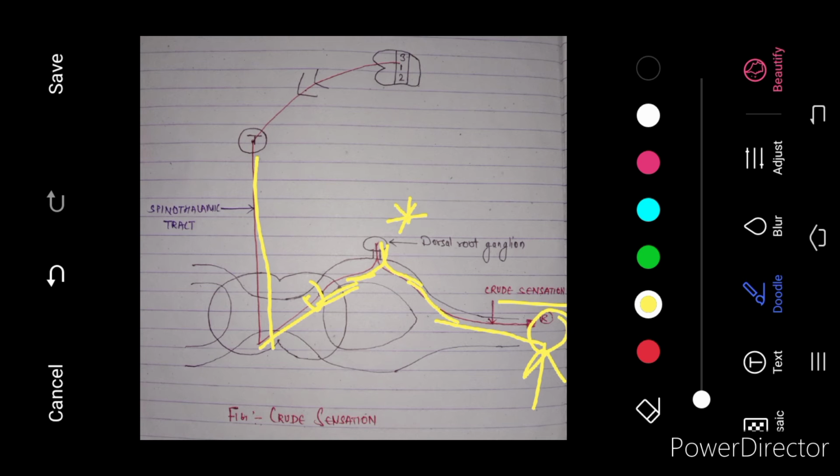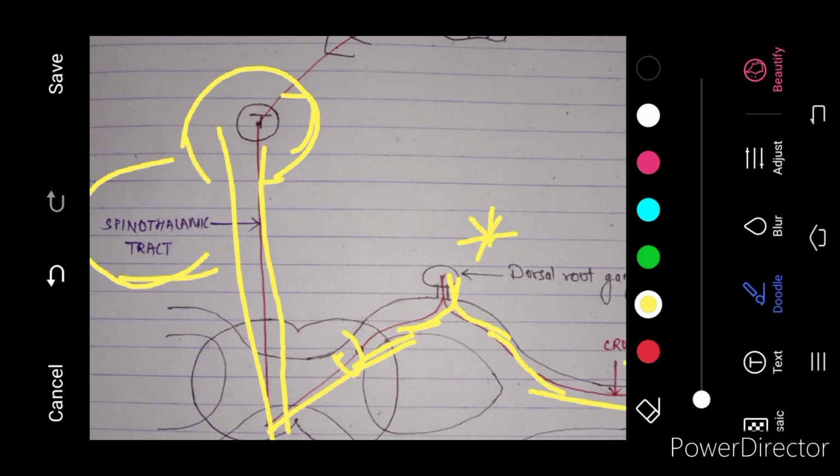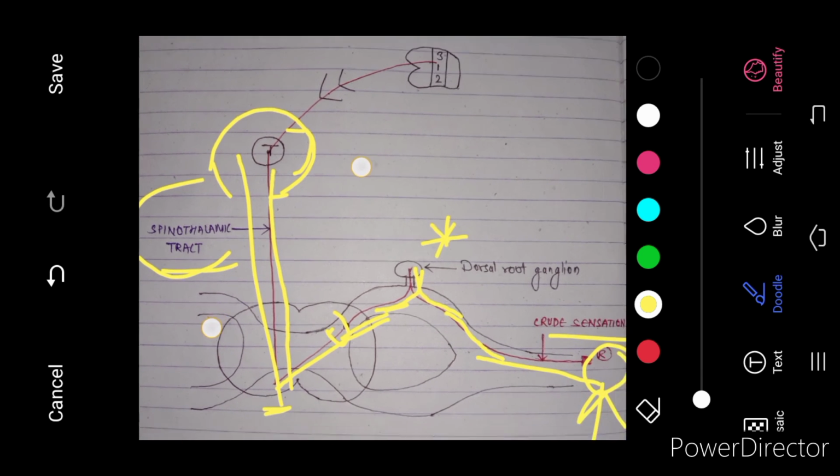It reaches the thalamus. So here the thalamus is known as third order neuron for crude sensation, and the tract which is taking the fibers from the spinal cord to the thalamus is known as spinothalamic tract.